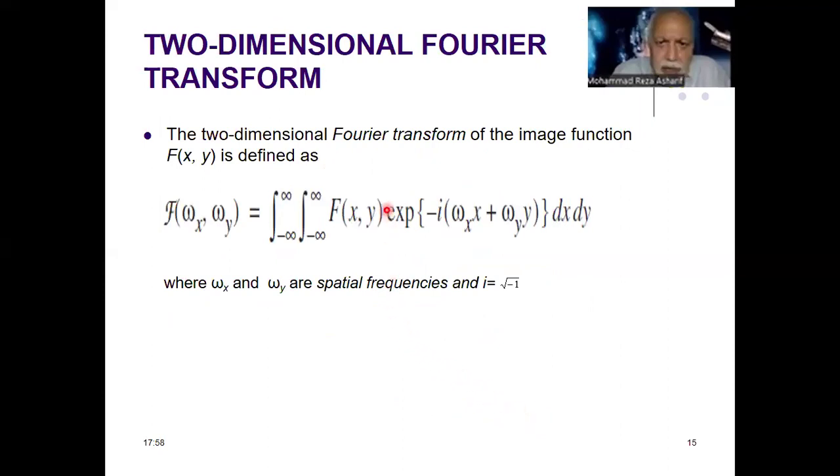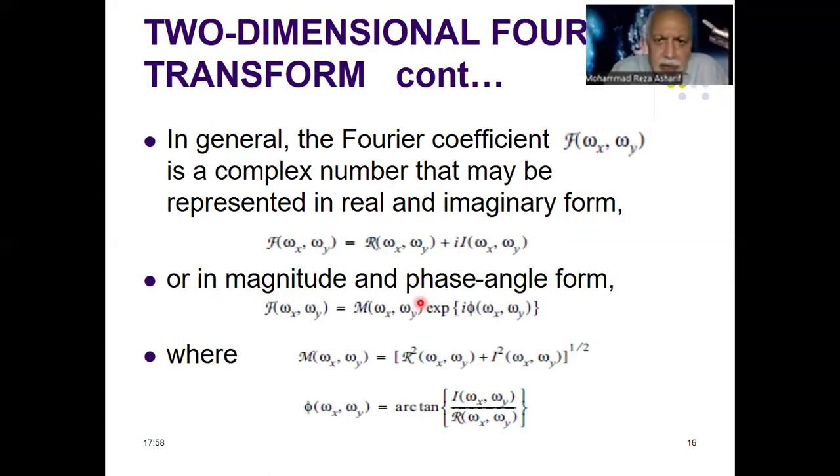Next, the two-dimensional Fourier transform is defined as this. In the Fourier transform there is an exponential of minus i, where i is the root of minus 1, omega x x, omega y y, and omega x, omega y are the spatial frequencies.